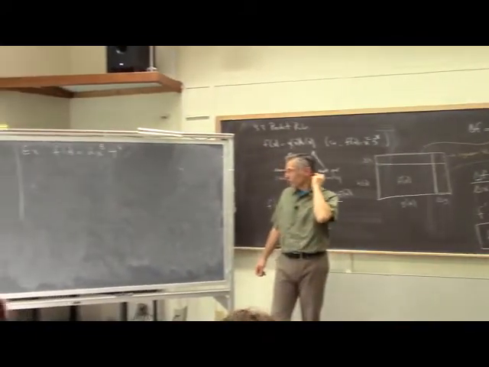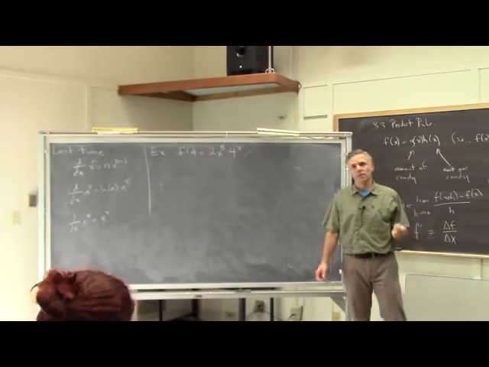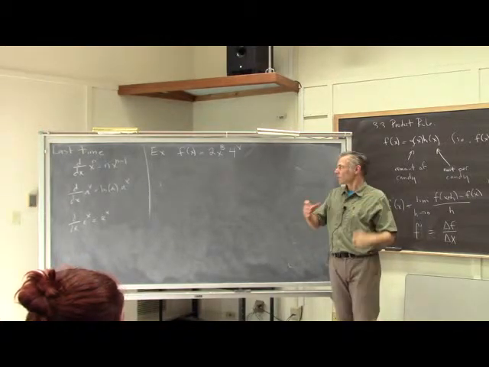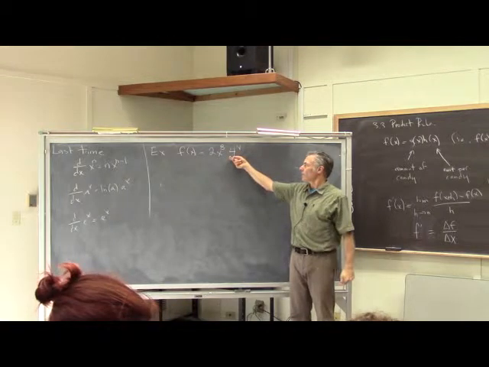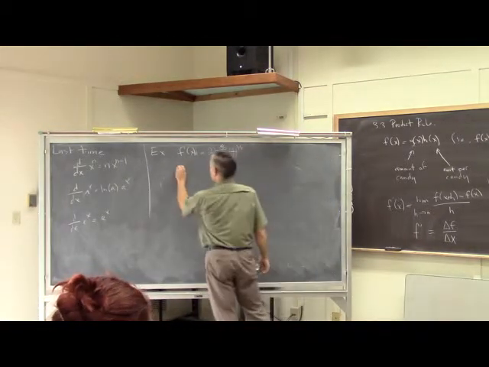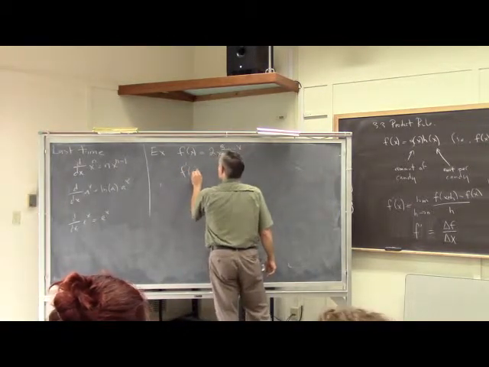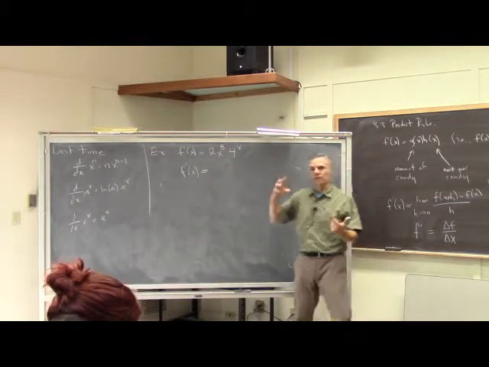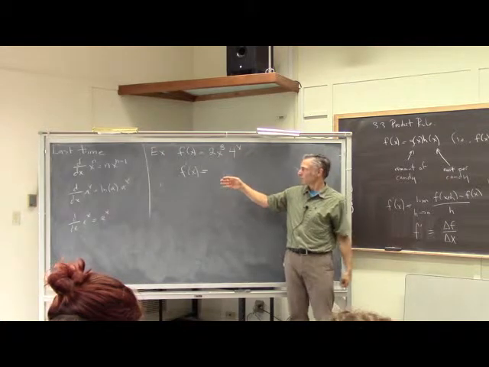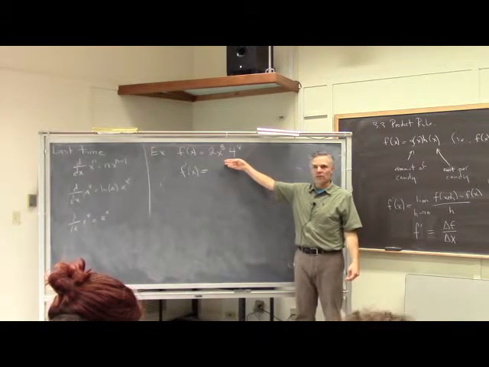So here's a derivative, and we need to use a product rule because it's the product of two functions. It's one function, 2x to the 8, times another function, 4 to the x. So f prime of x. I'm using the product rule. So I've got two functions, the first one and the second one. The first one being the one that comes first. The second one is the one that's after the first one.